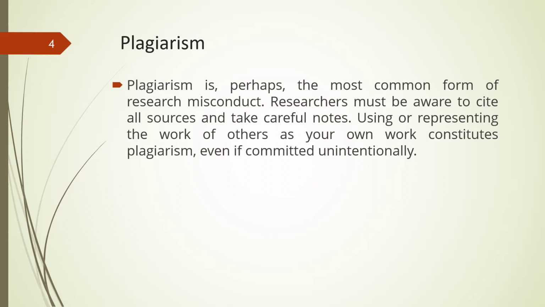We just have to inform them that we are using your picture for such and such work. Okay, so in both cases, whether it is a copyright picture or a Creative Commons license picture or content, we have to inform the publisher. Publisher means who uploaded the content on the website. So for copyrighted content, we have to take the permission. For Creative Commons license content, we have to inform. This is the difference. Okay.